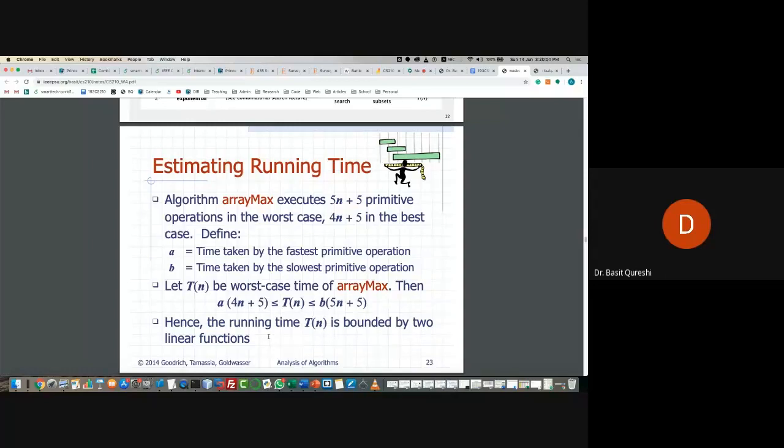Now, estimating based on the best case time is not a very good idea. Because if I sell my software or my product to a customer telling him that my program runs in this much time, which is the best case time, and when he runs the program on his computer, he's going to be disappointed because it may run slower.